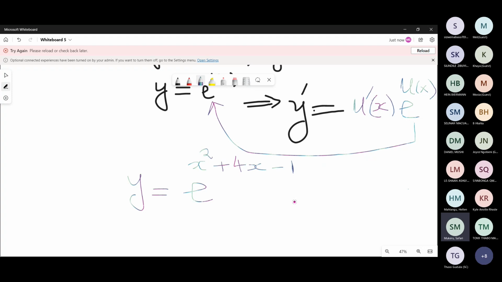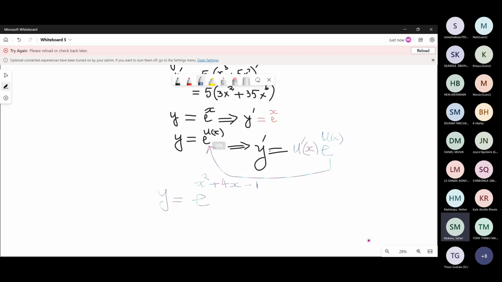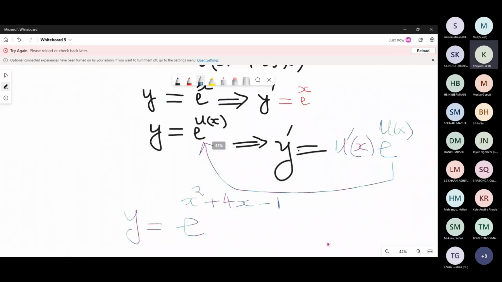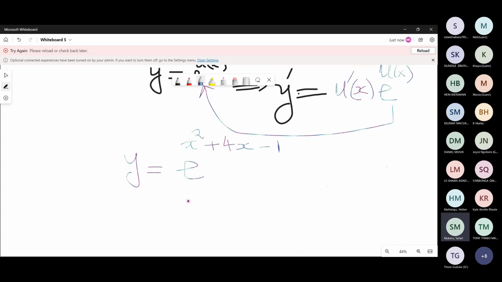Let's have this function e. This number e. I mean, you might be asking yourself, what is this e? E is the number. This number e is defined as follows. This number e is given by close to 2.718. In fact, it has too many other decimals, but we can stop there. 2.718.